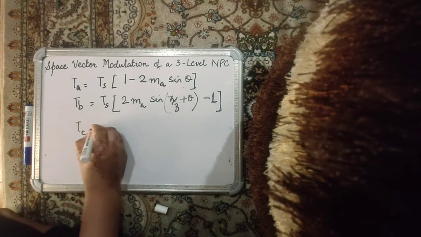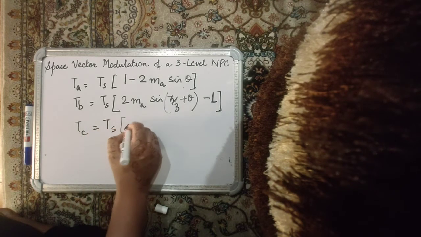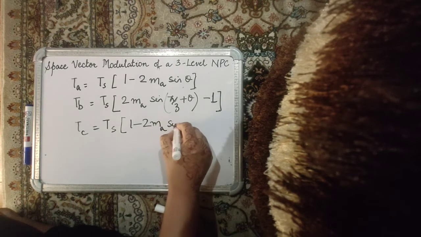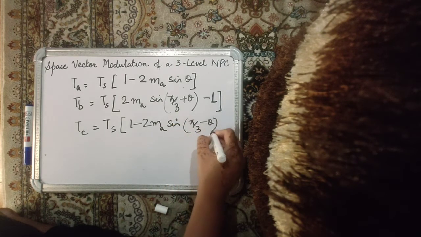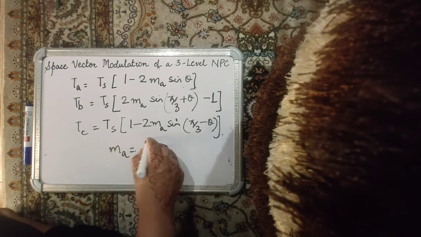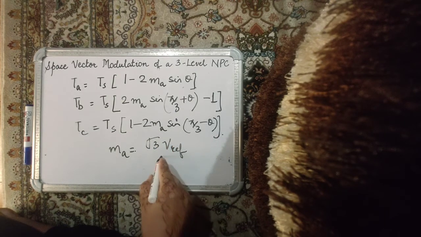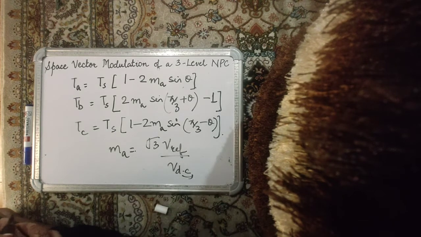And tc is Ts times (1 minus 2 MA sine of (pi by 3 minus theta)), where MA is your modulation index, which is root 3 Vref, the desired output from the converter, divided by VDC, the input of the converter.